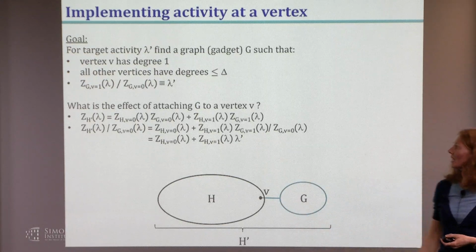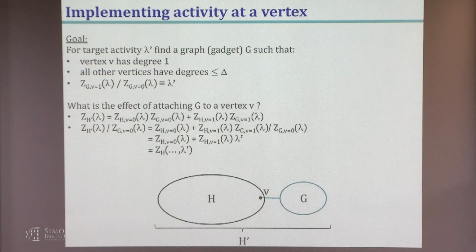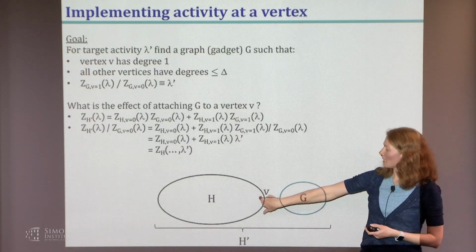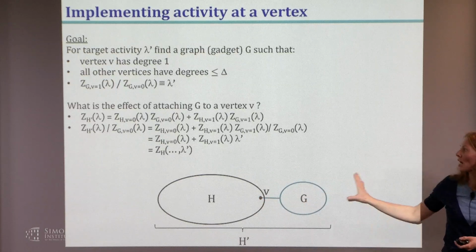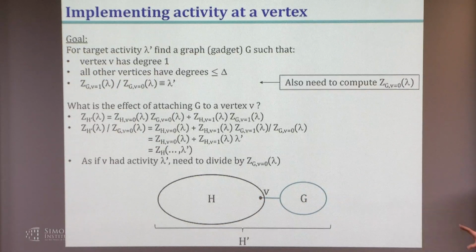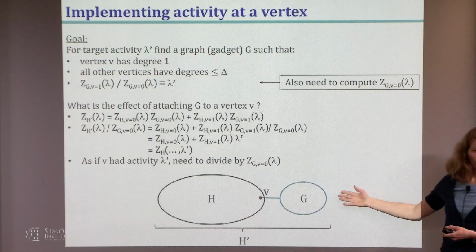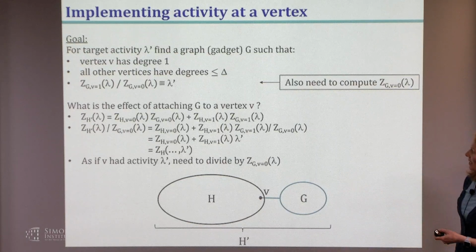So the point being is that this gadget is what we are looking for, because that has the effect of simulating lambda prime activity at the vertex V. So now we are going to create this gadget.